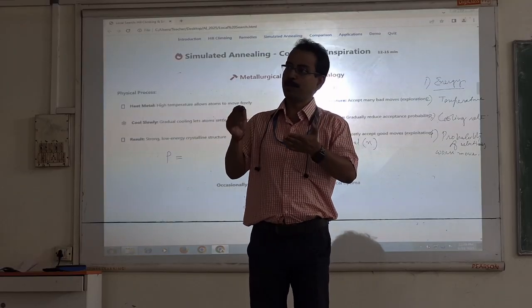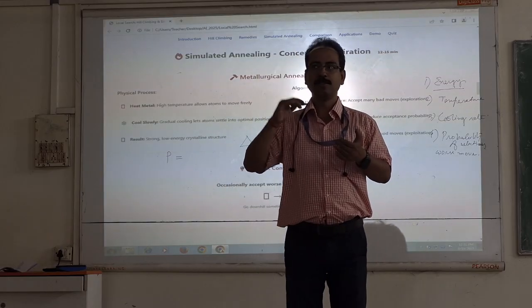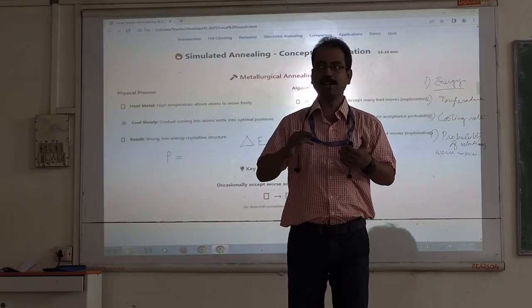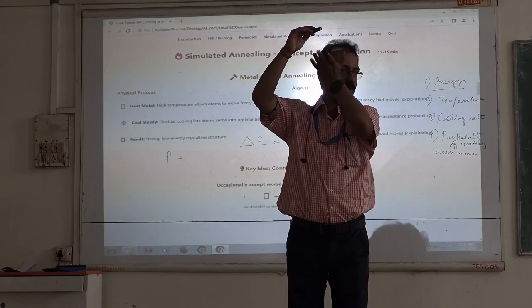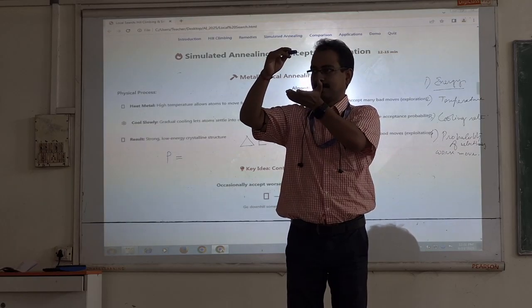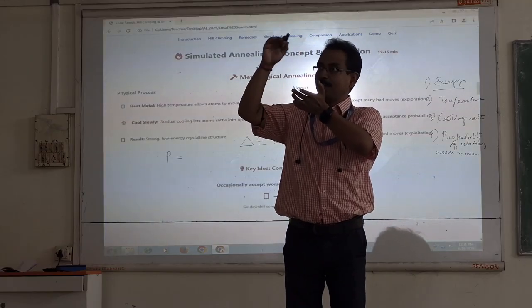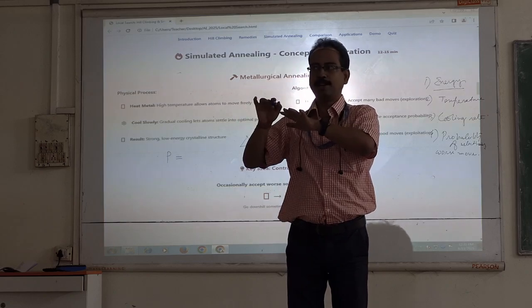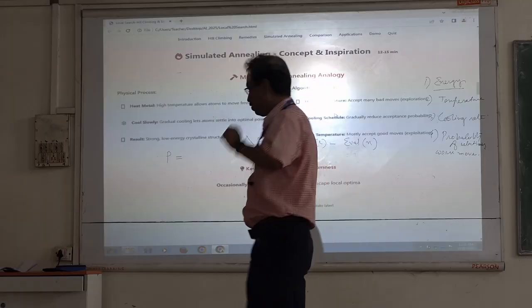So the probability should be like that. Whenever delta E is higher, assume that you are in a lower part of the hill, and whenever delta E becomes less, that means moving upward. So at that time, the exploration probability should be less. Clear? So it is given in such a way.